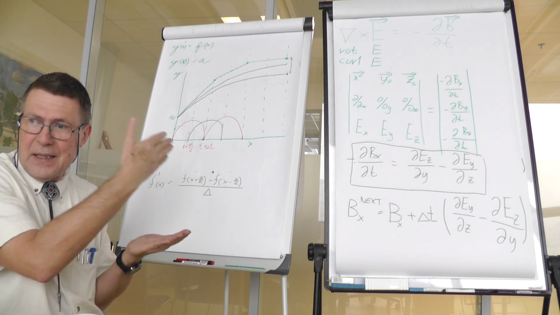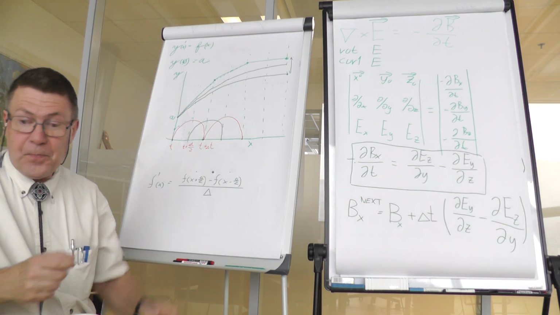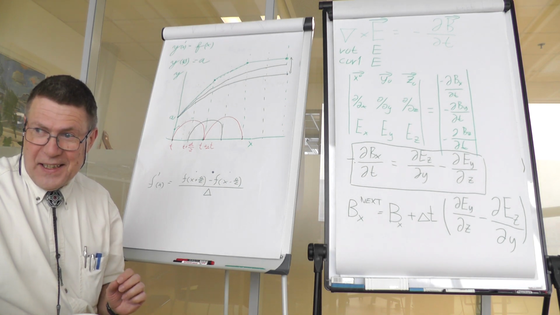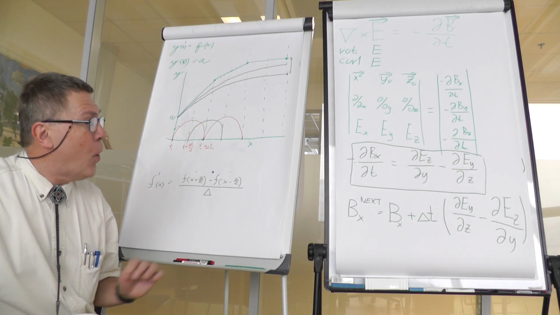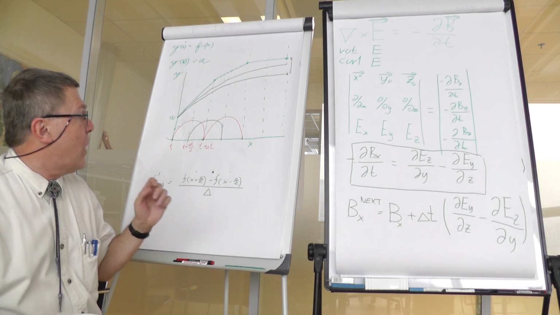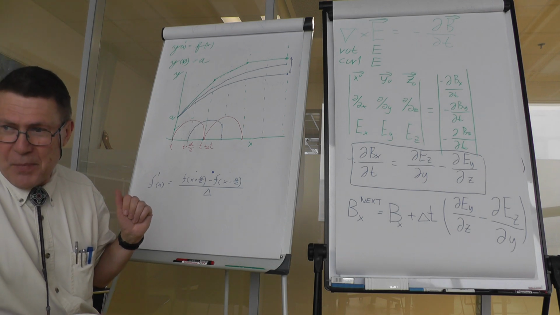So you make a cut in x, a set of cuts in y, a set of cuts in z. And you make shifted grids, 1/2 step shifted grids for field components, and place them so that for any derivative calculation you have 2 neighbors half step distant.